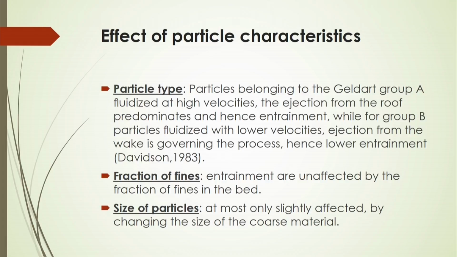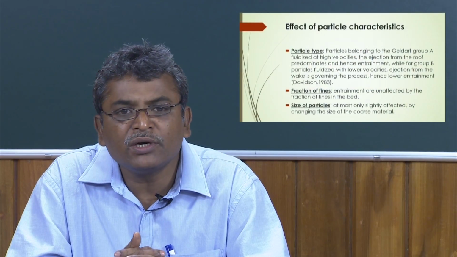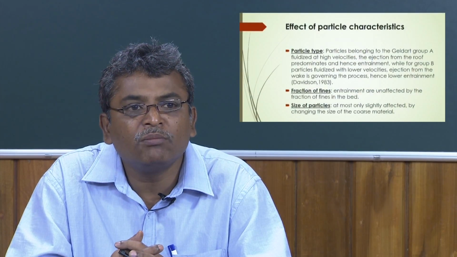So, this A type or B type or C type also depends on the size and type of the particles. Sometimes there are adsorption characteristics on the solid particles, and then you will see there will be some hindering of the entrainment characteristics because of the cohesiveness, or suppose some solid particles have moisture adsorption.